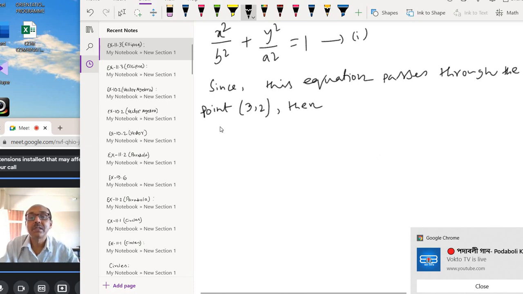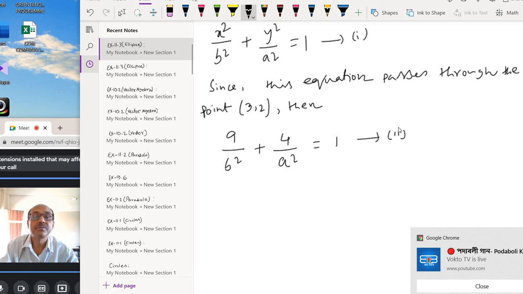So we get 3 square, that is 9 by b square, plus 2 square is 4, 4 by a square equal to 1. This is equation number 2.